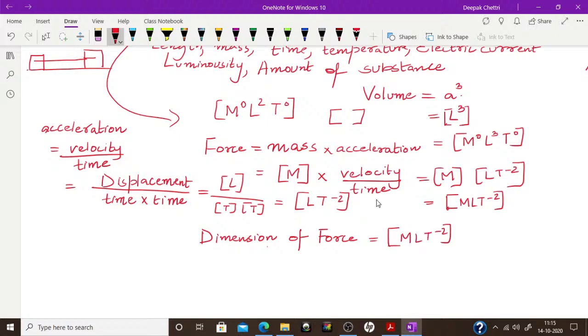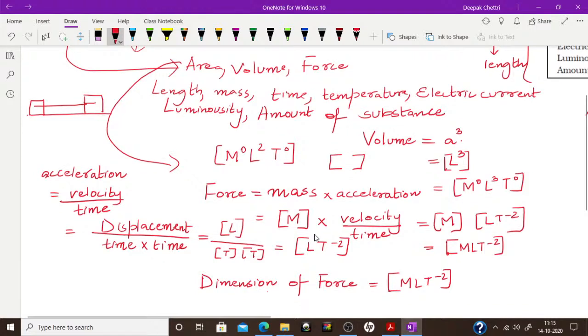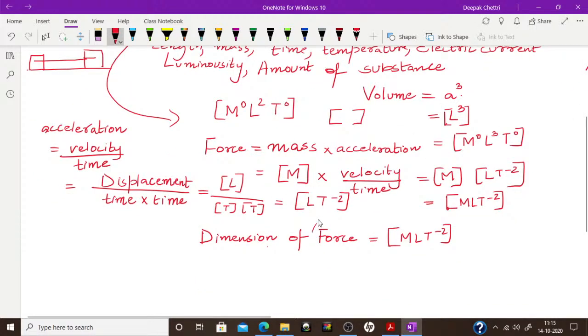So comparing with the definition, in our case the physical quantity is force. These M, L, T are your fundamental quantities, and the dimension gives the powers to which they must be raised. M is raised to the power 1, L is also raised to the power 1, T is raised to the power minus 2. So these are your dimensions. Is it clear?